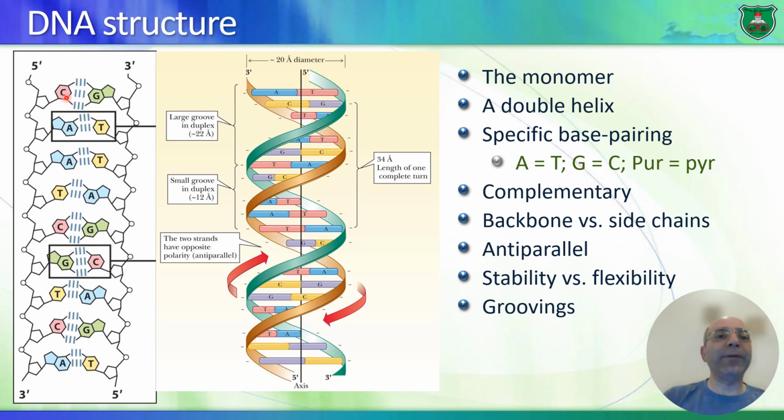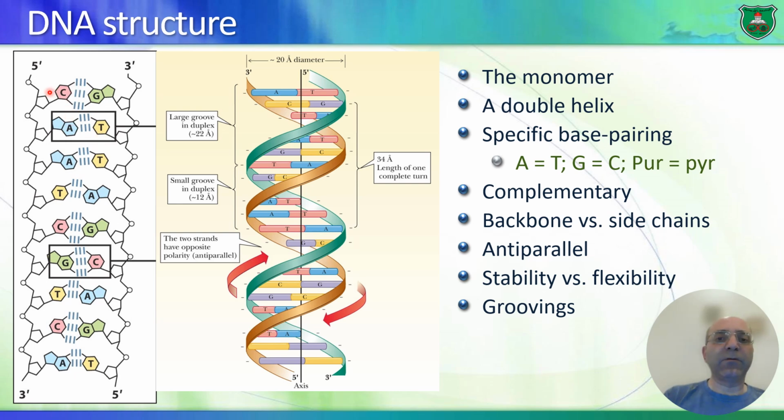They complement each other. So A complements T and C complements G. Note that the base pairing is always between a pyrimidine and a purine nucleotide. So here you have a purine and here you have a pyrimidine.